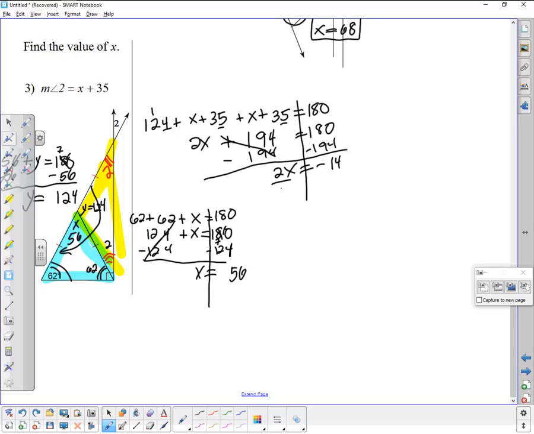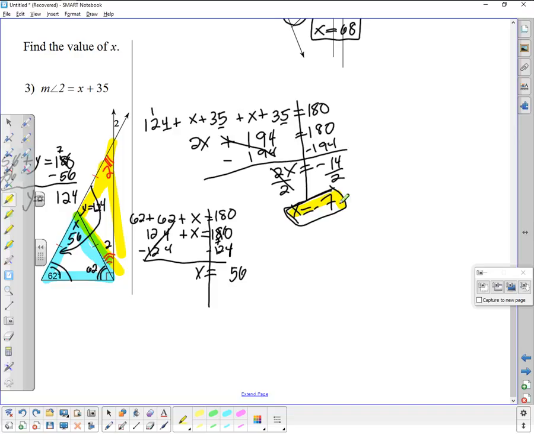Get the x by itself, divide by 2, divide by 2. The 2's cancel, so you have x is equal to negative 7. And I'm sorry, I didn't see this. They have an x. Okay. So next time I do this, when I use x in here, I'll use a different letter, any letter except for x. So my answer for this problem is x is equal to negative 7.